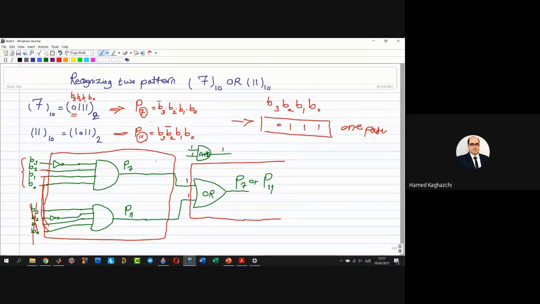If I have this pattern, only here will be 1 and here always will be 0. If here is 1, always here will be 0. For this reason, I will have 1 and 0 here. Because always one of these inputs will be 0, I cannot use AND.